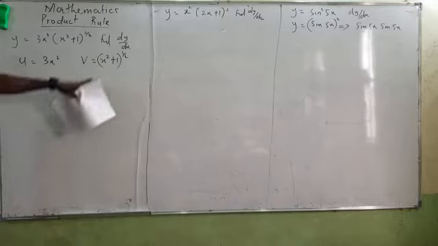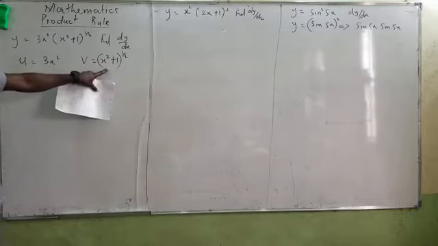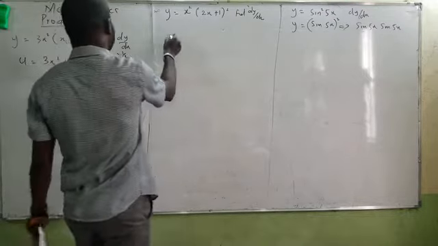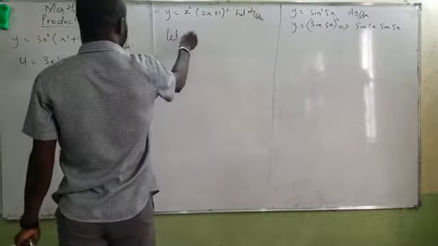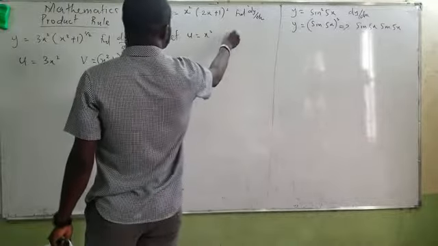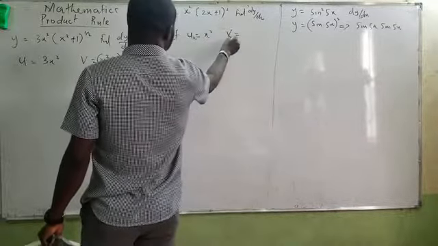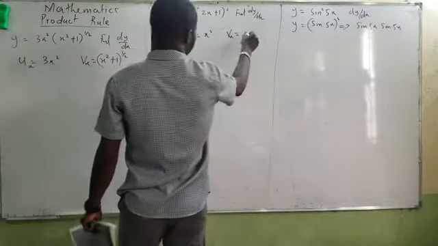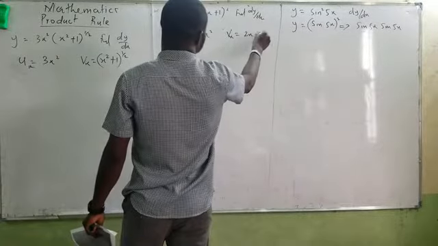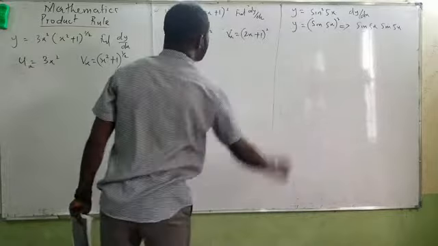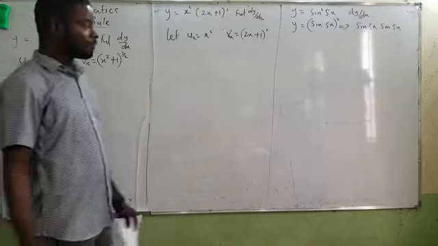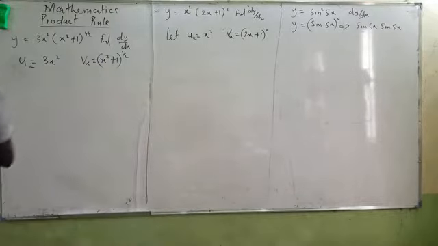Now, this is function of function, which in the previous video is known as chain rule. The same thing that will occur here, let u equals to x squared, and my v equals to, don't forget, function of x, I'll be having x squared plus 1 bracket of 1 all over 2. Now, at this point, you need to think of chain rule for you to handle this problem.